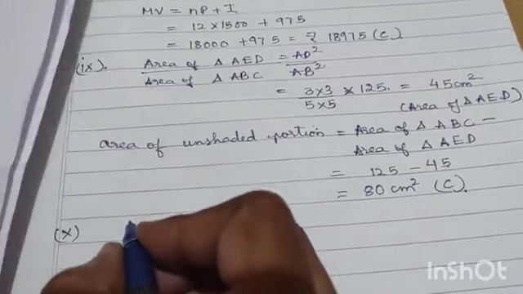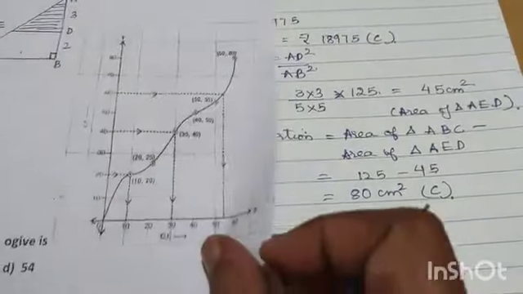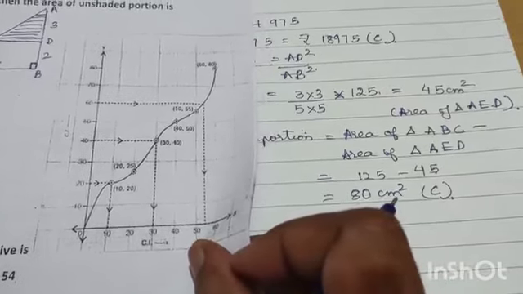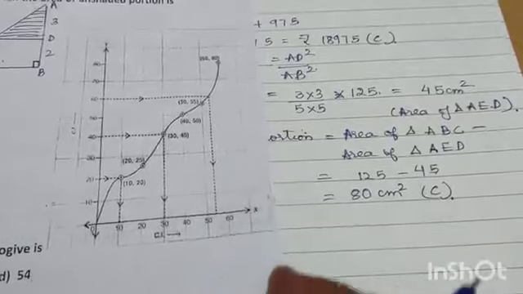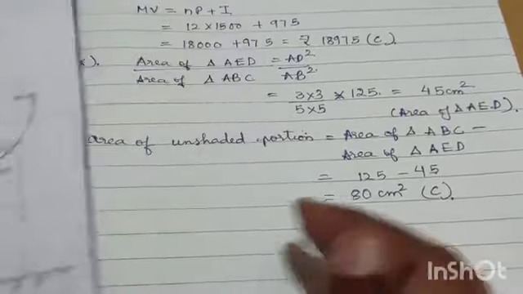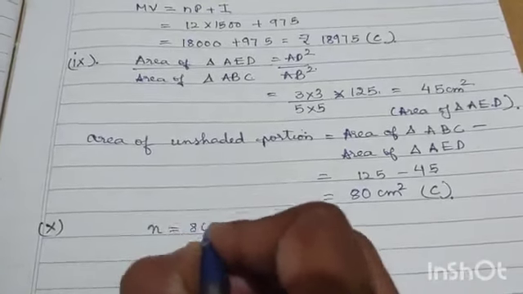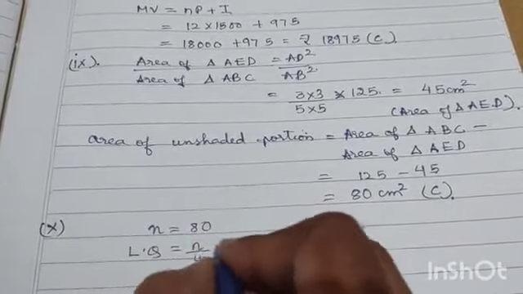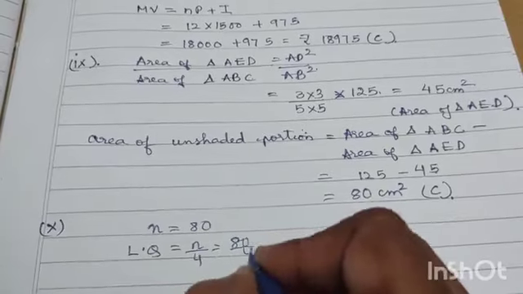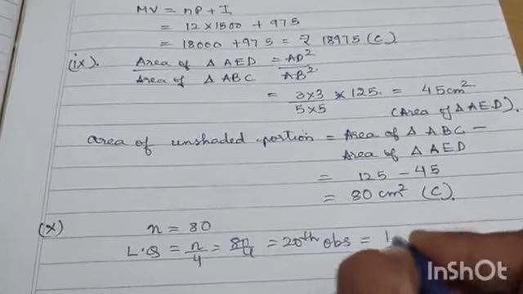Here it is given from the graph. So this is the graph. From here we have to find the interquartile range for the given ogive. From the graph we observe that n is equal to 80, lower quartile is n by 4, that is 80 by 4, 20th observation, 10.